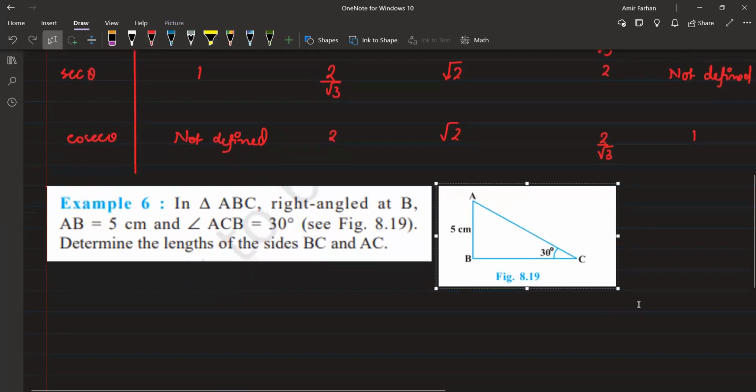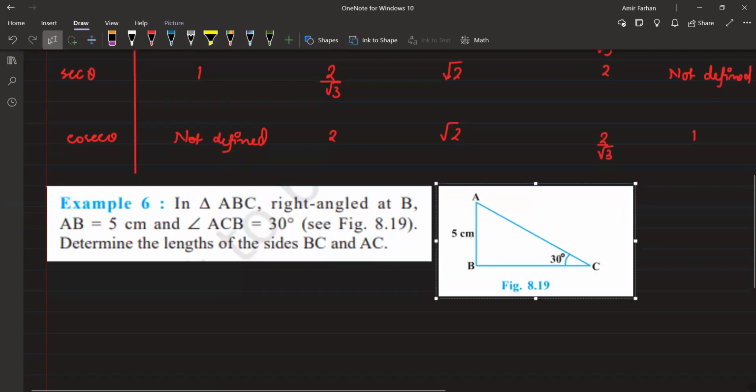Okay, this is the first question. Just a second.